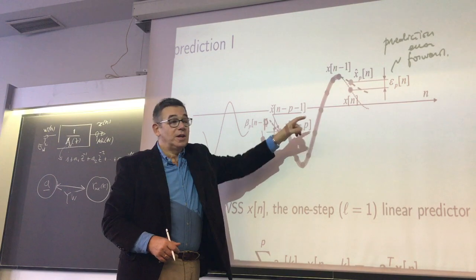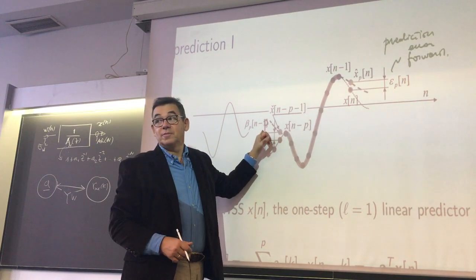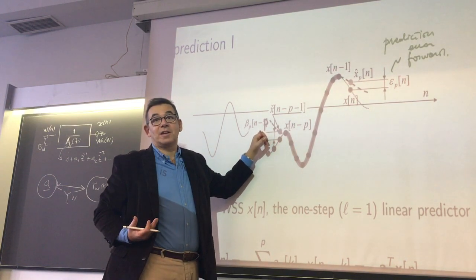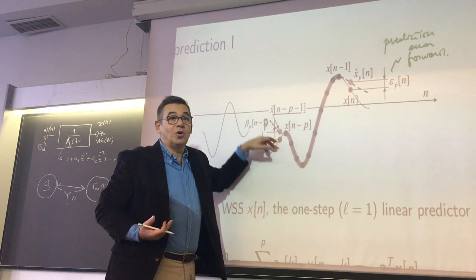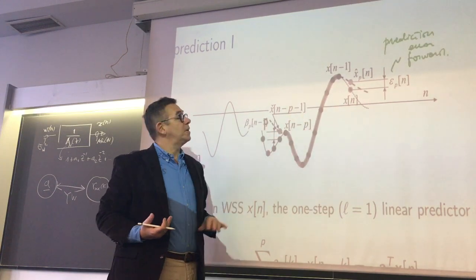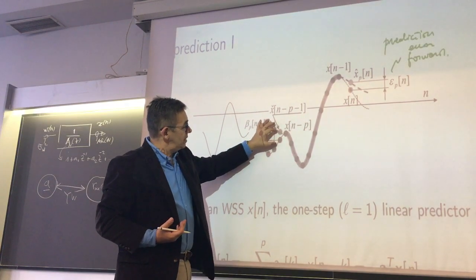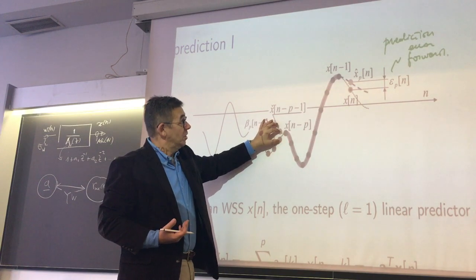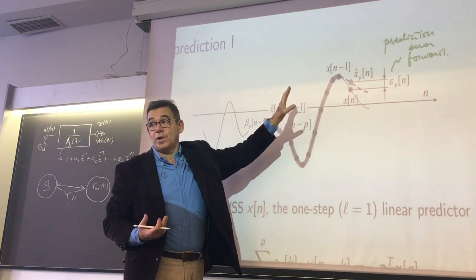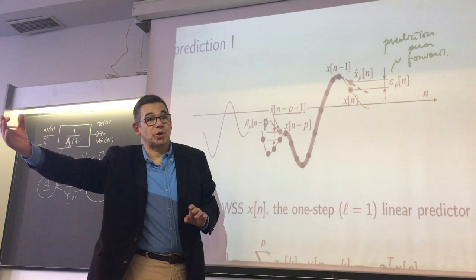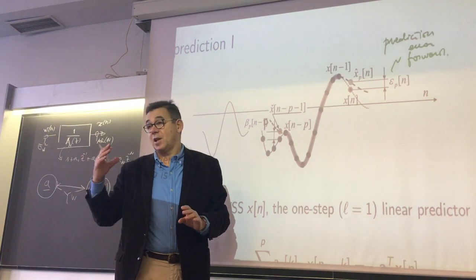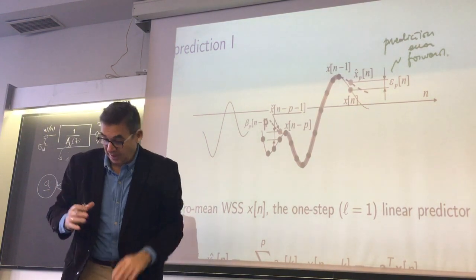But what is the beauty? I know this error, because I'm predicting in the past and I know all these samples. So what I can do is use this error to improve the forward prediction, because I don't know the future, I know the past. So I can apply the same filter to predict the past.